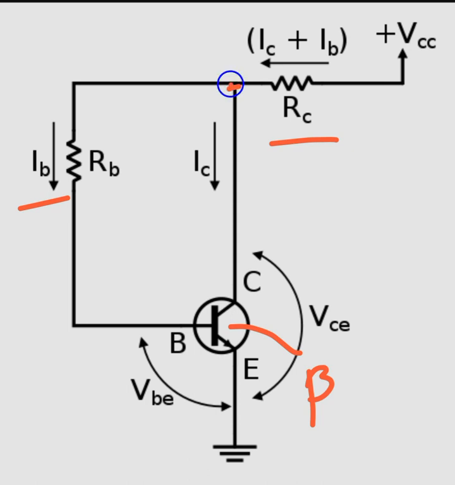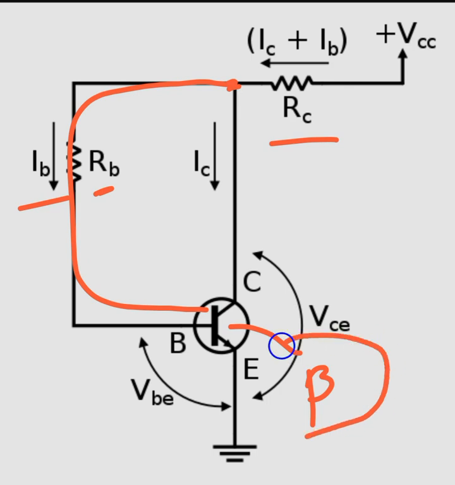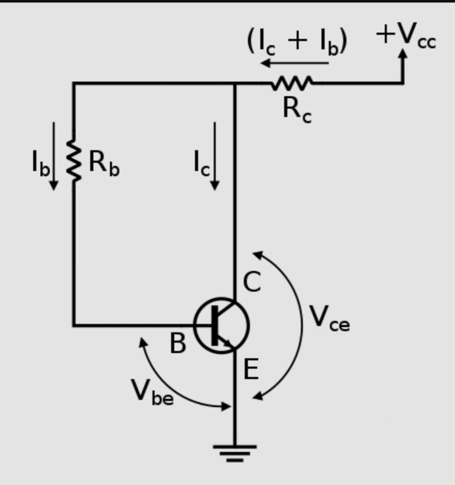But due to connecting the resistor RB from the collector to the base, variations in beta will also not be able to affect the DC operating point to a large extent. So that is how this circuit helps us stabilize the operating point against variation in temperature or change in the beta of the transistor.